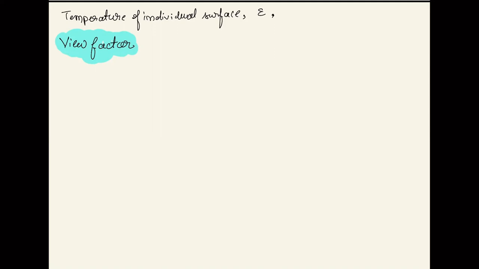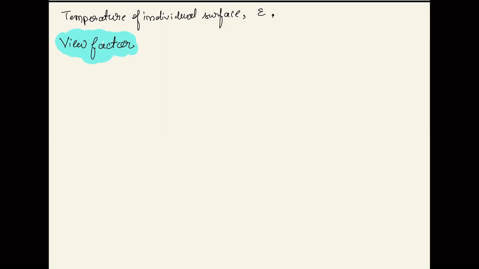As I said, till now we see that the temperature of the surface, emissivity, and all those things affect the radiation exchange between surfaces. And view factor is another important factor regarding the amount of radiation that can be exchanged between the surfaces.